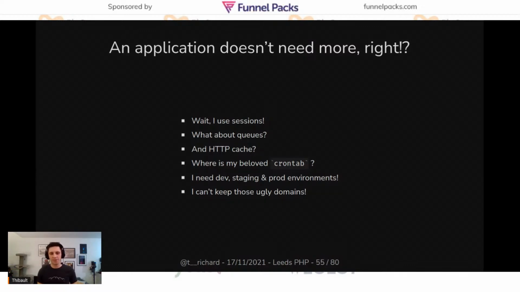We have sessions for our users. We use queuing. We use HTTP cache like Varnish. We run cron jobs because we need to do some batch processing during the night, for example. And we need dev and staging and prod environments to fit with our development lifecycle.